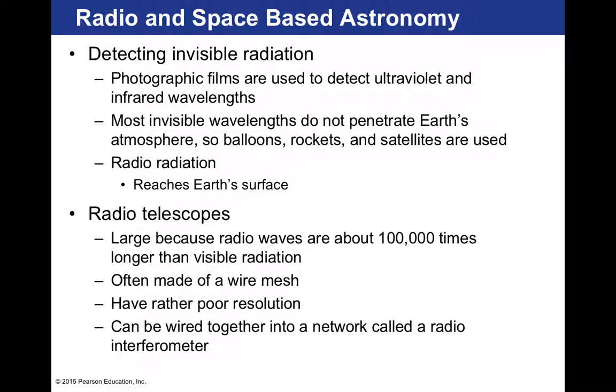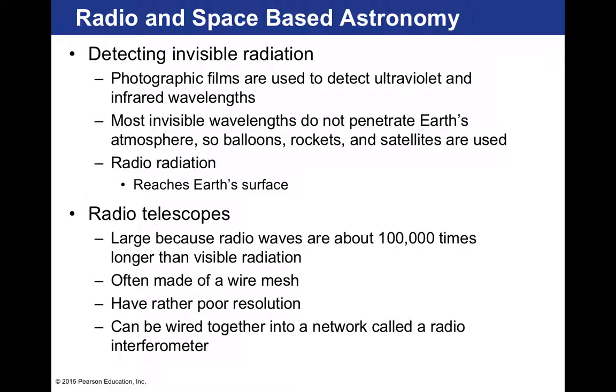So sometimes you would have to send balloons in the upper atmosphere to collect different radiation coming from space. You can send rockets, or even satellites are used to collect information from space. Radio waves, though, do reach the Earth's surface.